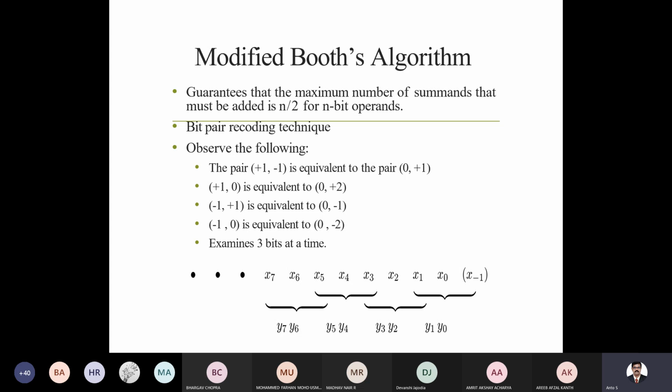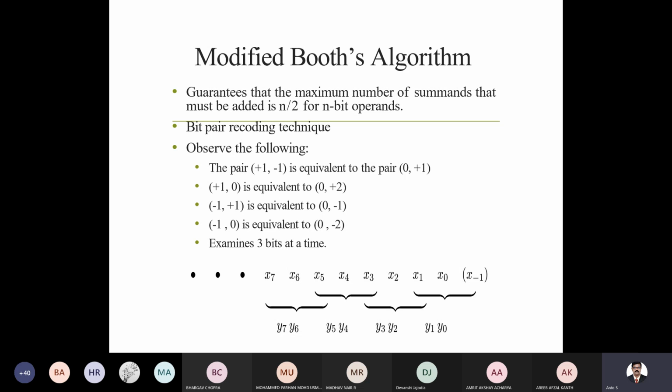In Booth's algorithm, we had Q0, Q1, Q2, Q3 towards the left hand side and Q minus 1 on the right hand side, and we assumed it to be 0. In the algorithm itself, Q minus 1 is given as 0. Keeping that as 0, we started the multiplication in Booth's algorithm.